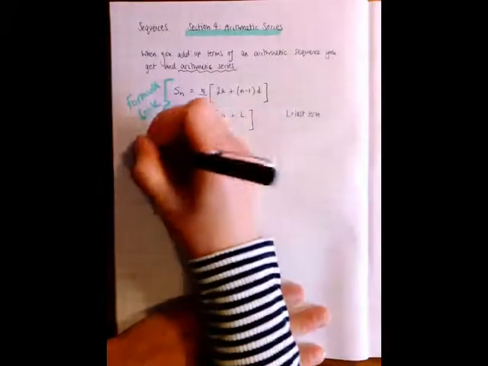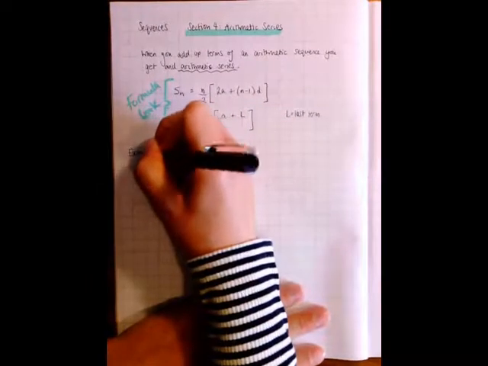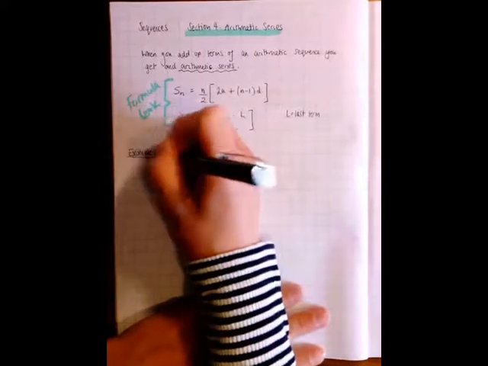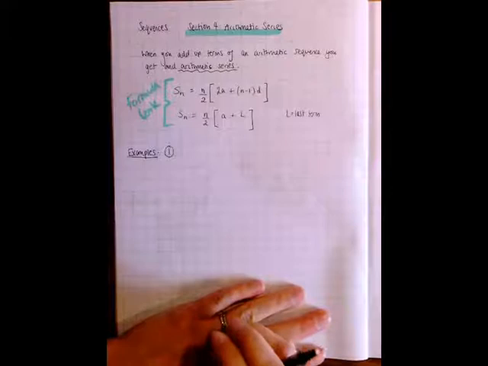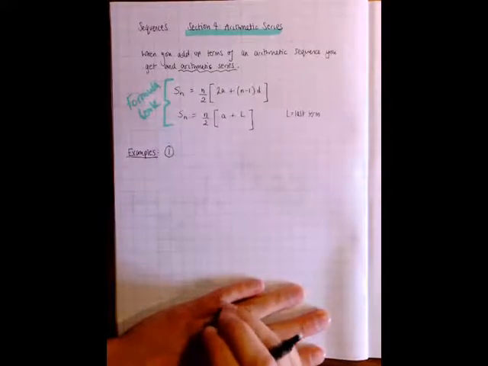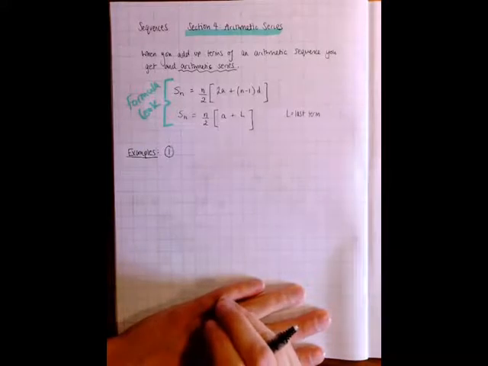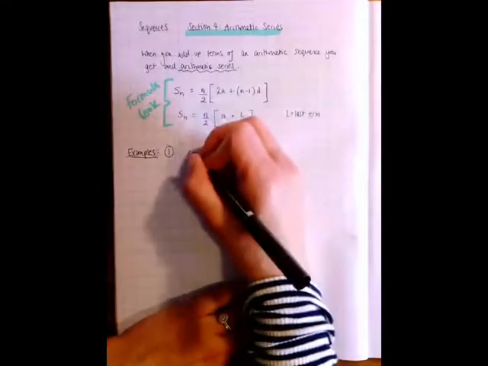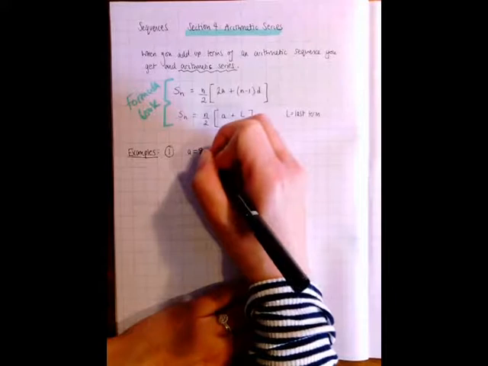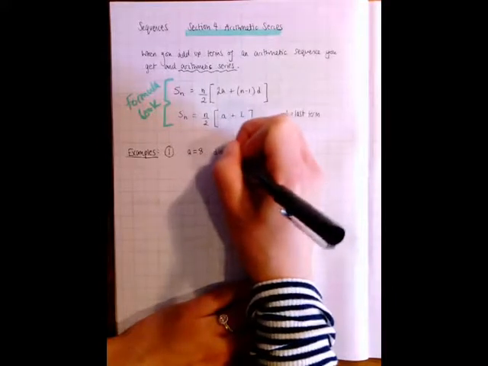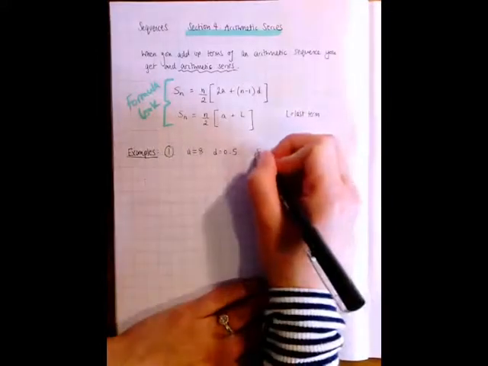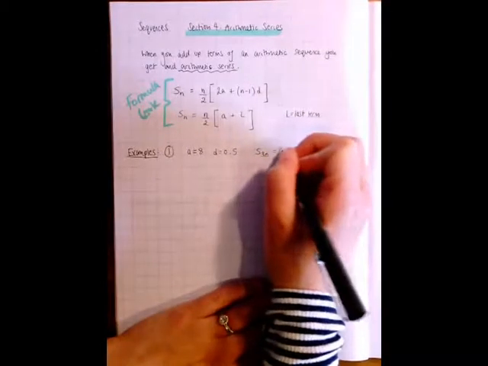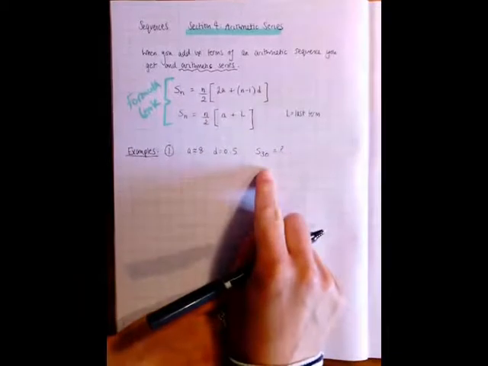So my first example says, find the sum of the first 30 terms of an arithmetic progression with first term 8 and common difference 0.5. What we're trying to find is the sum of the first 30 terms.